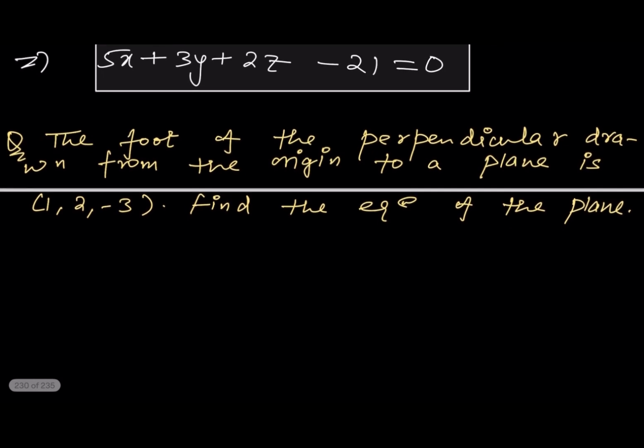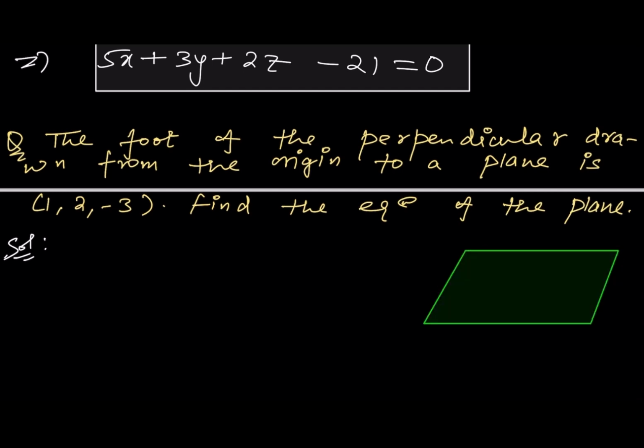See students, the foot of perpendicular is given, right? Say this is a plane and the foot of perpendicular from the origin to the plane is given. Say this is M, which is the foot of perpendicular, and this is origin O. The foot of perpendicular is (1, 2, minus 3).